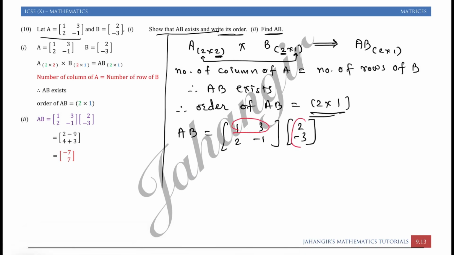So first row, first column, then second row, first column. Okay, so first row, first column is 1 into 2 is 2, 3 into minus 3 is minus 9, 2 2s are 4, minus minus plus 3. So it is minus 7 and 7. Okay, this question was quite easy.